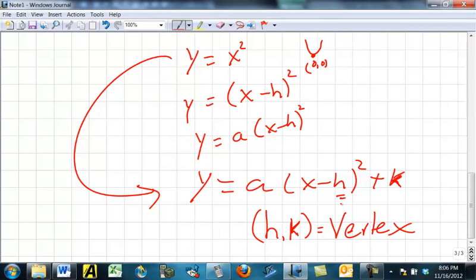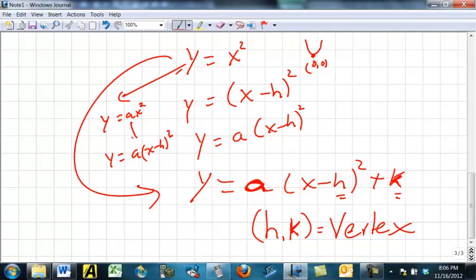H is how much we horizontally shift, k is how much we vertically shift. And then the stretch here, really, you could do the stretch first, actually. I could do that in a different order if I want. I could actually do the a x squared, do the stretch or compression first, and maybe the flip if it's negative, and then do the other pieces.